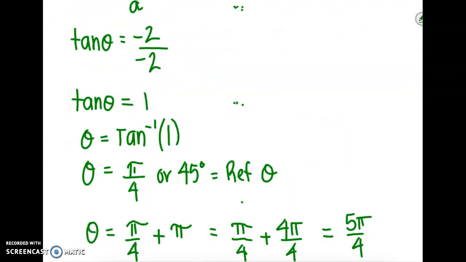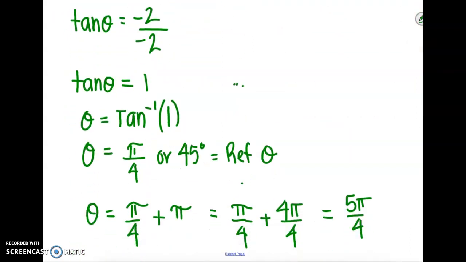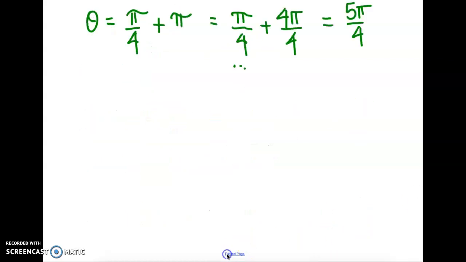All right, I'm just going to change colors here. Hang in there with me so I can extend this page. To write it in polar form, we have the R value and the angle theta.